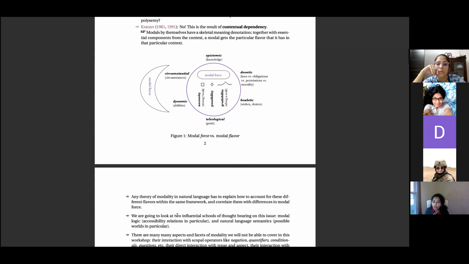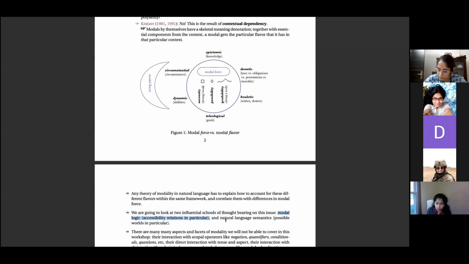We are going to look at two influential schools of thought. Today we will talk about modal logic, accessibility relations in particular, because they have been used to try and explain our natural language expressions. Tomorrow we will talk about natural language semantics, your possible worlds theory, which is Kratzer's work.